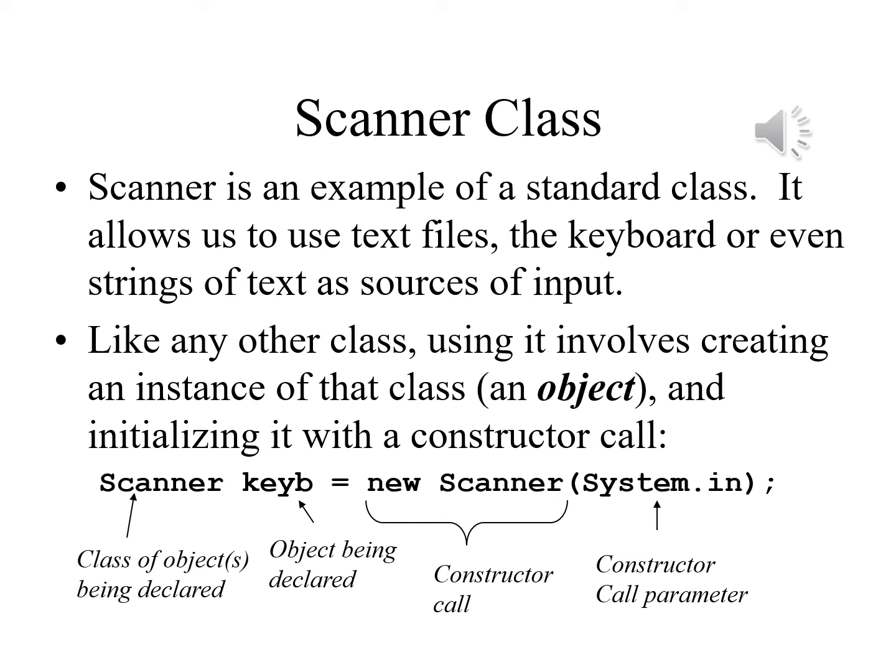Keyboard is an object being declared as an object belonging to this class. We call the constructor by writing new Scanner, and the parameter that we give to the constructor is System.in. The assignment means that there's going to be a reference to the object, and we want to pass this on to the object itself. What exactly a reference is something we will talk about in the next couple of weeks.